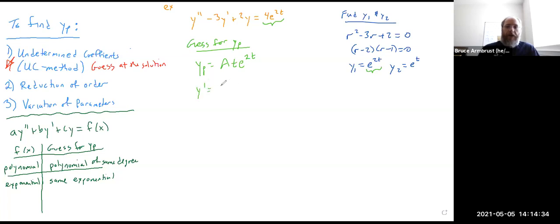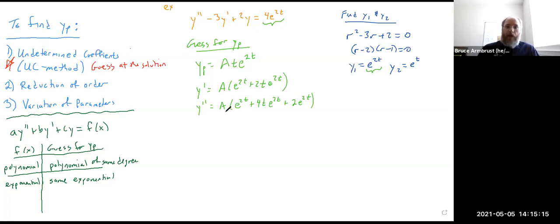Okay, so y prime is going to be a times e to the 2t plus 2t e to the 2t. Y double prime is going to be a times e to the 2t plus 4t e to the 2t plus another 2e to the 2t. Right, product rule on that guy. So then when we put it into the differential equation, let's group it by pieces.